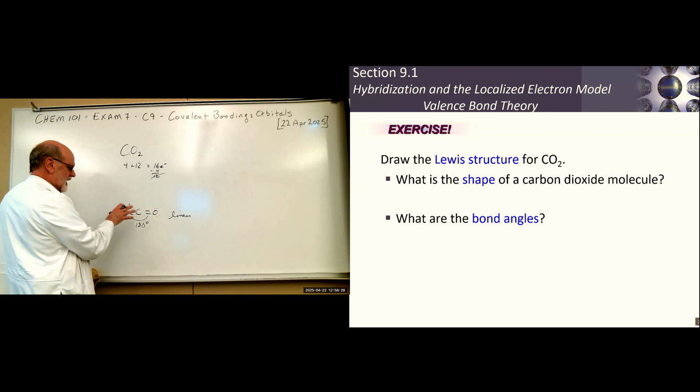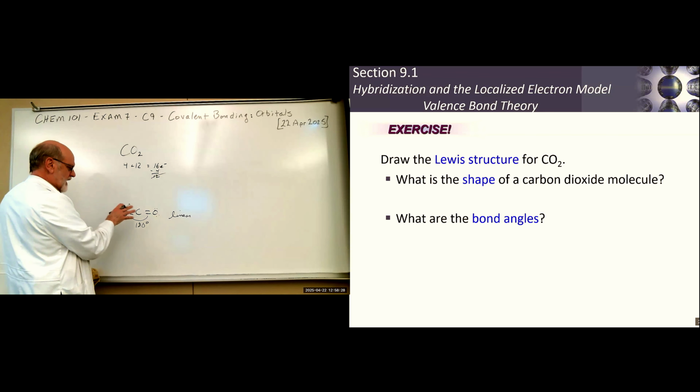And we have actually 2 sp hybrids for carbon. Now, oxygen is going to have to be hybridized too, but we're focusing on the central atom right now. We don't want to make it too complicated. So the shape of the molecule we've determined in the last chapter would be linear, and the bond angles were 180 degrees. So this is our Lewis structure.